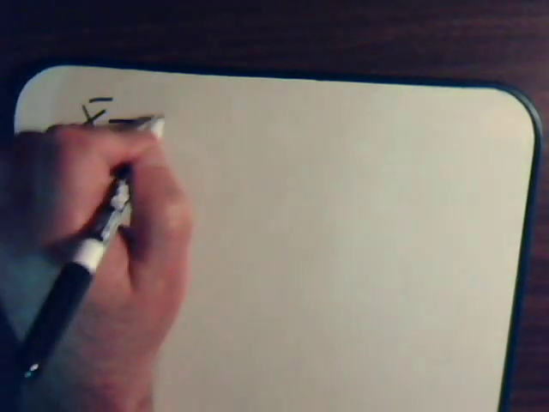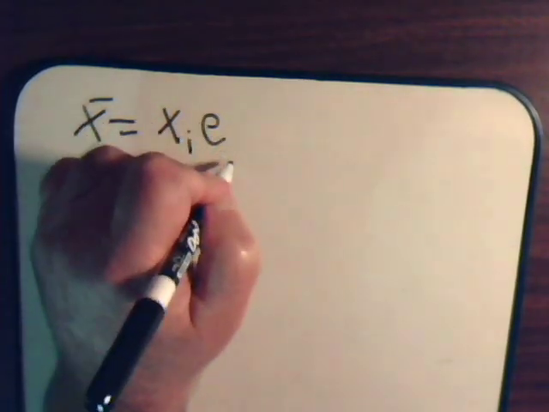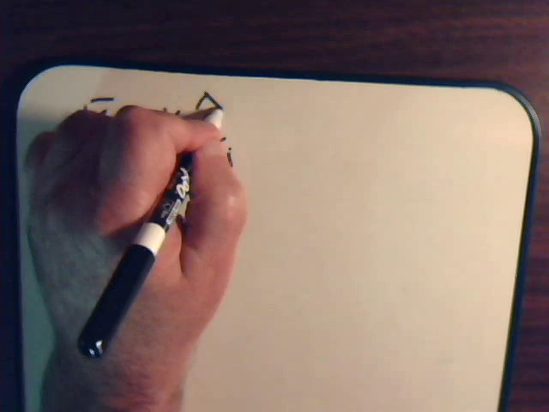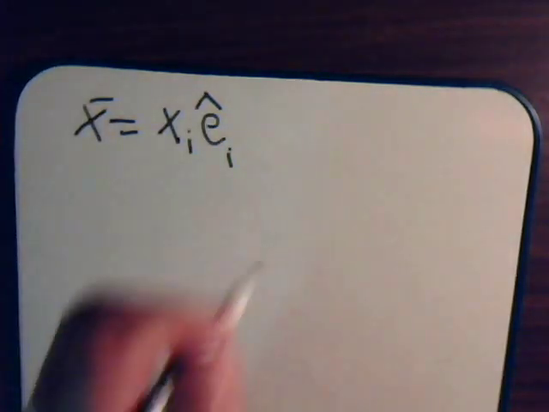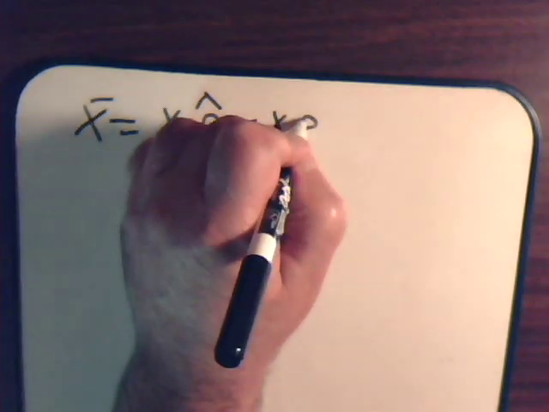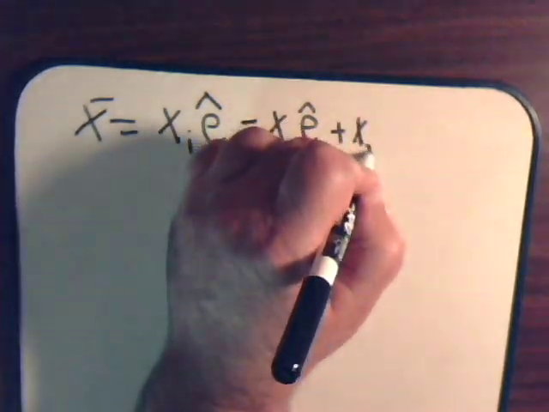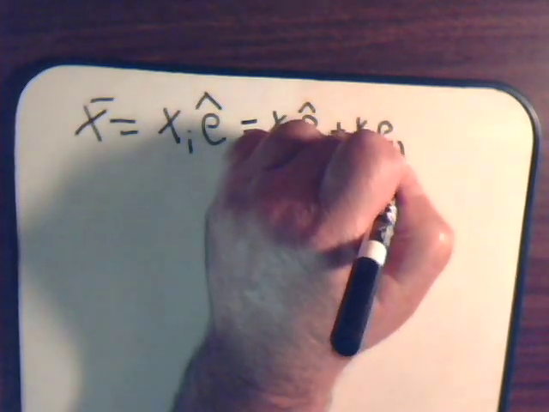We know that we can write a vector in general form like this, say xi ei, and of course writing it out in component form is just x1 e1, like this.